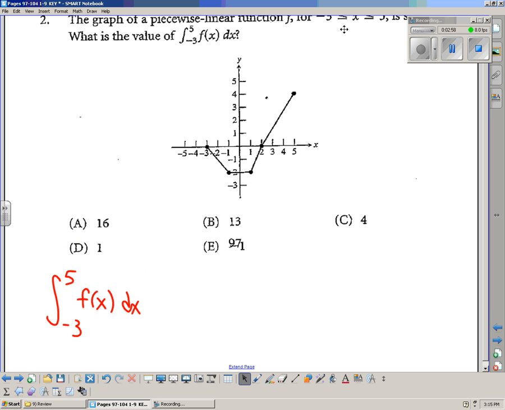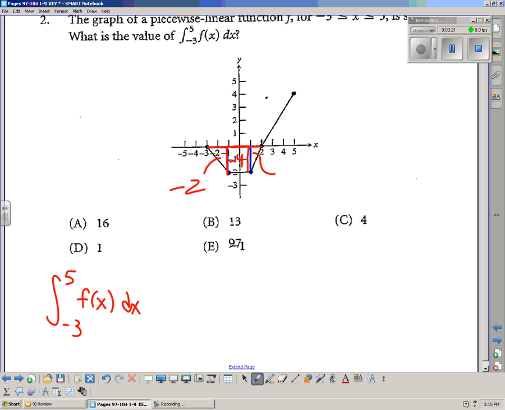Okay, so let's see. I'll break this up. Here's a triangle, a square, a triangle, and another triangle. The ones down here are going to be negatives because we're below the x-axis. So we have 2 times 2, which is 4, divided by 2 is 2, which is -2. This is a 2 by 2 square, so that's 4, but negative.